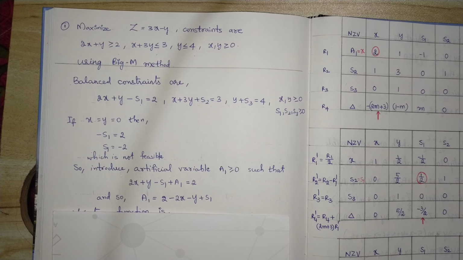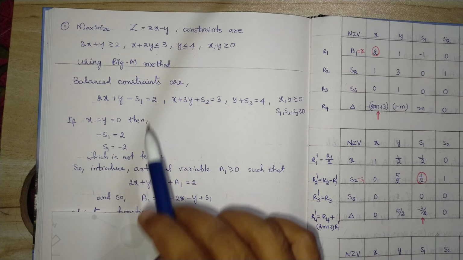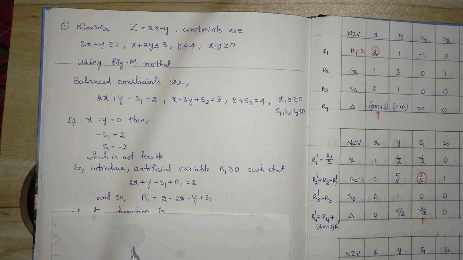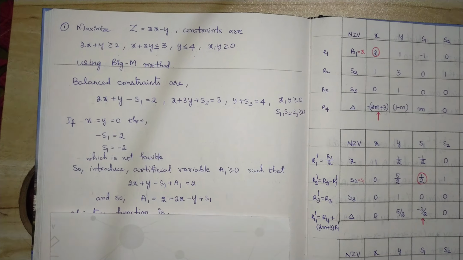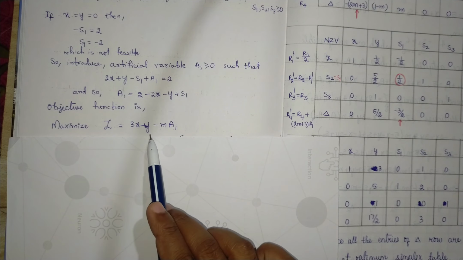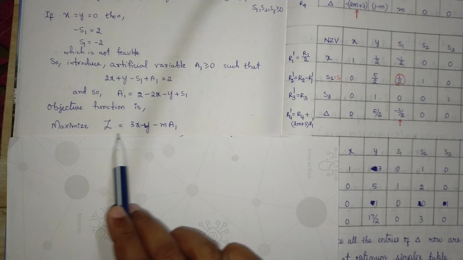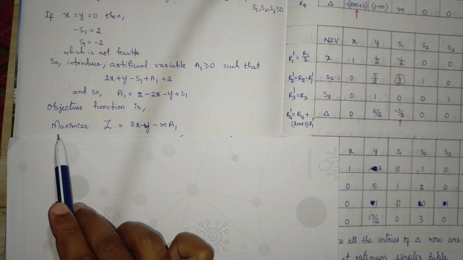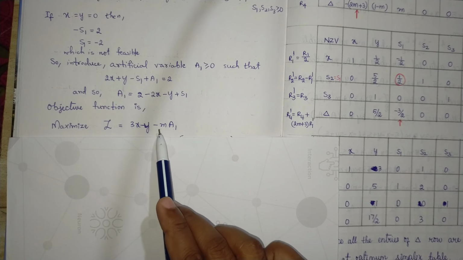So now we have a new objective function. We introduce the artificial variable, so the objective function becomes: maximize z equals 3x minus y minus M times a1. If it is minimization, we have to write plus M times a1.